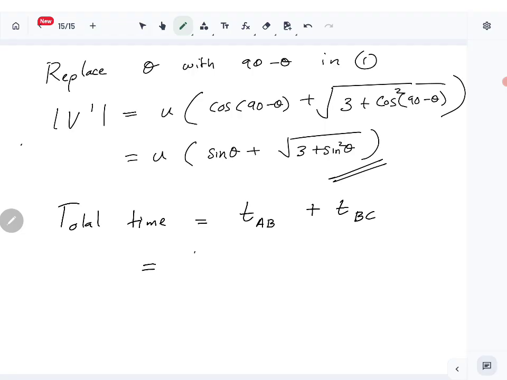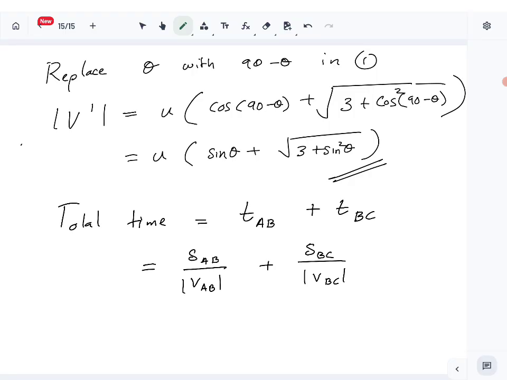Time AB is distance AB over speed, plus time BC would be distance BC over speed of BC, right?